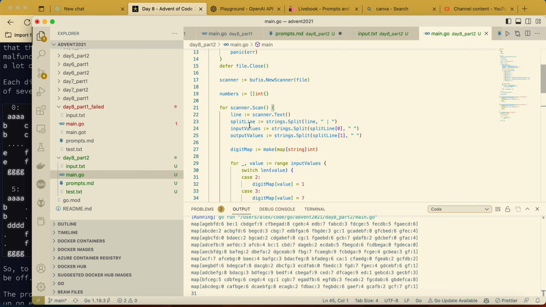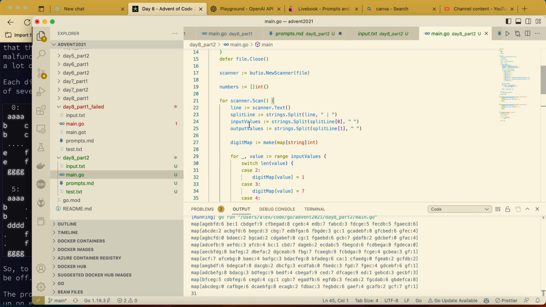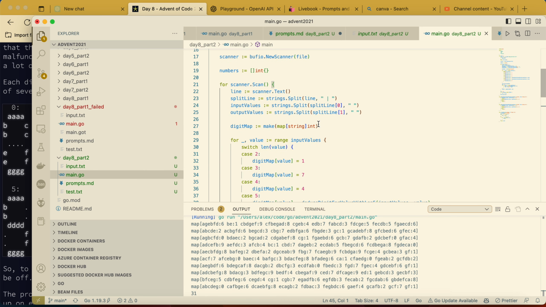Hey, one second, why is this digital mapping?